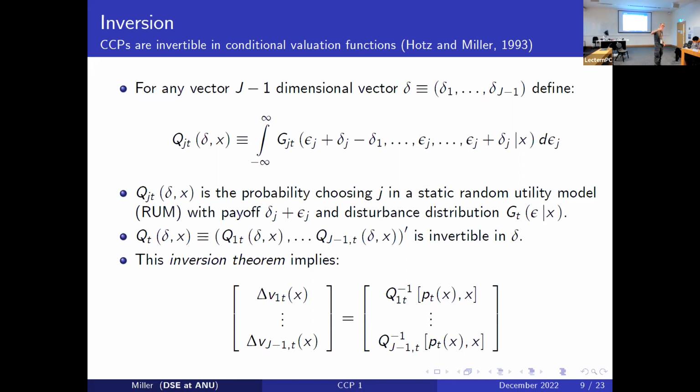We're asking ourselves, what can we work out from that? It has to be, mathematically even, that those delta v's are really closely related to the CCPs. And intuitively, the higher the v_j, the more likely you are to choose action j. No surprise. In the case where there are only two choices, it's obvious. In a case where there are more than two, a little less obvious, but still true. Okay? So that's what we mean by this inversion theorem.